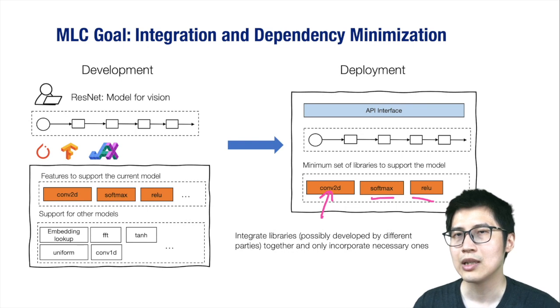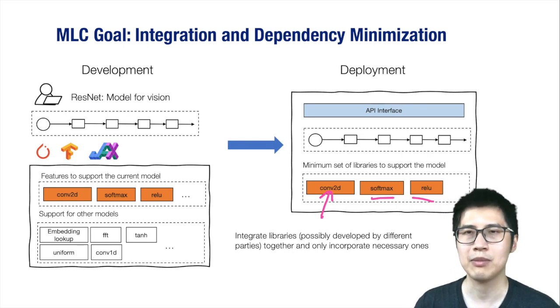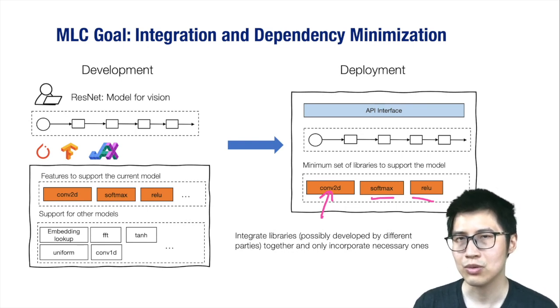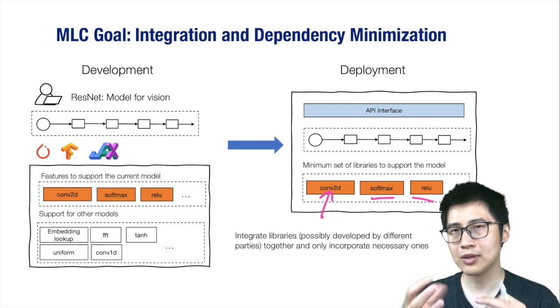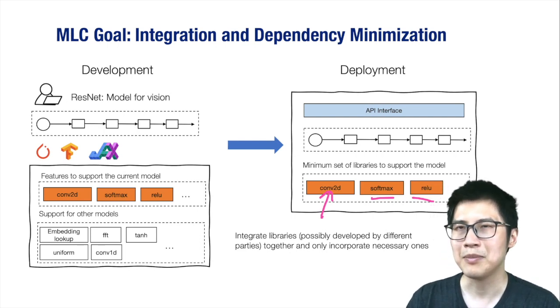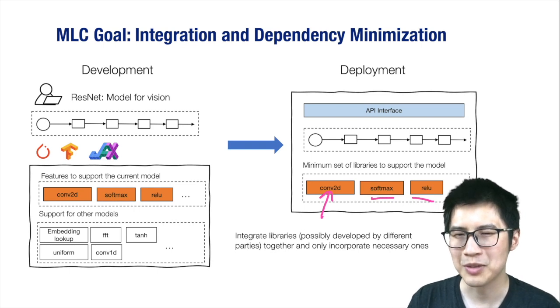Or usually the key operators of convolution are implemented by vendors who know more deeply how exactly to optimize those critical ones. We need a way to assemble them together and make them work together in the final deployment phase.